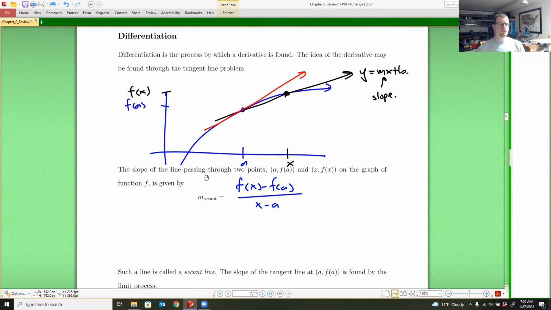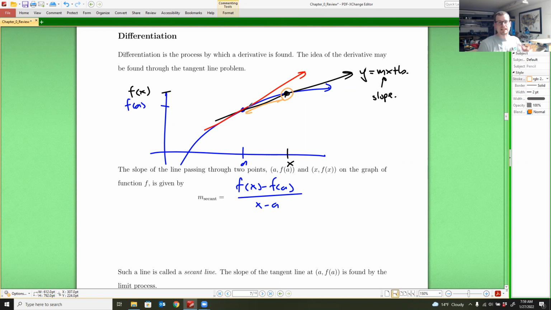Now, if we wanted to find the slope of the tangent line, we're going to take this point right here and slide it closer and closer to the blue dot where we want to find the slope of the tangent line. As this black dot moves over, it becomes a better and better approximation.